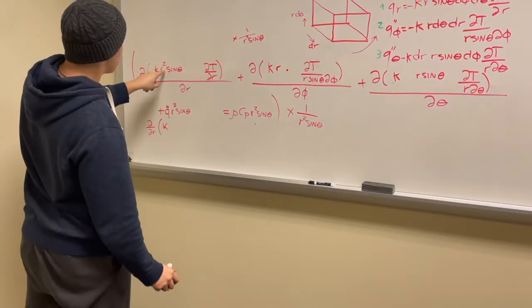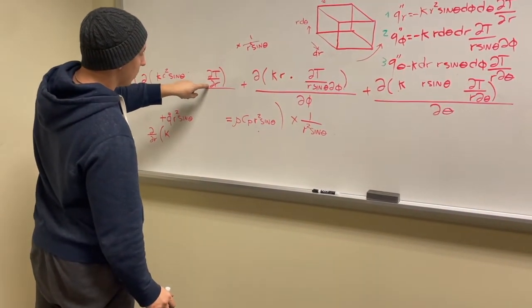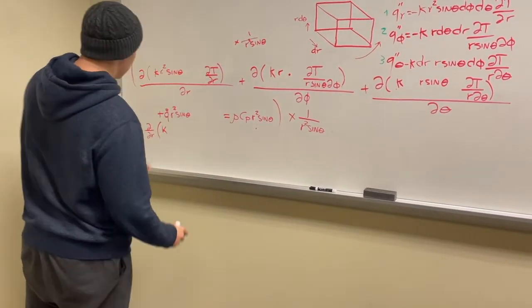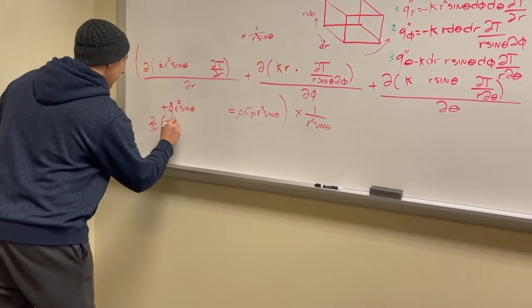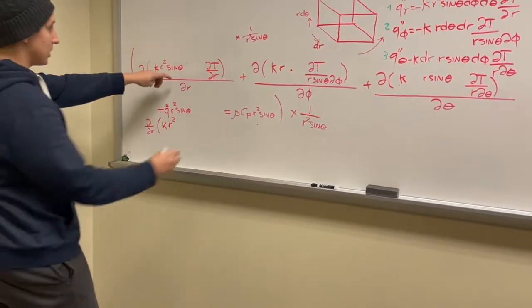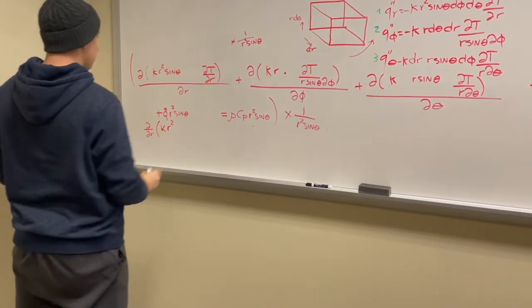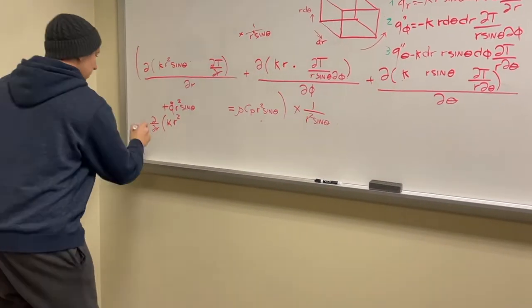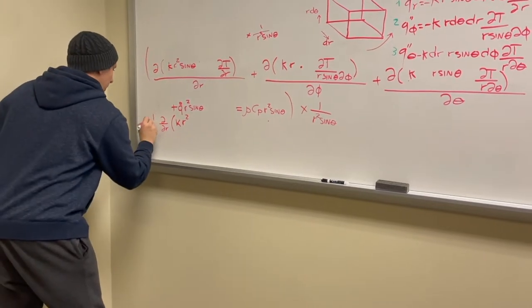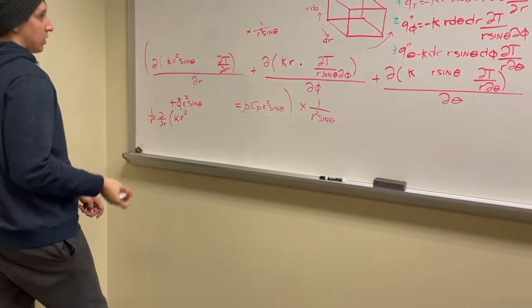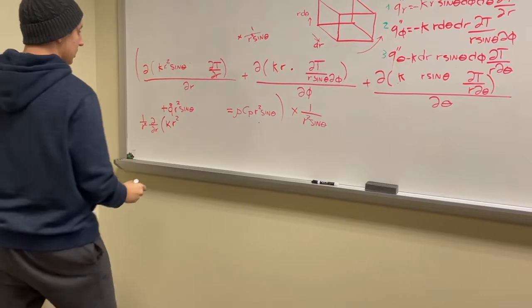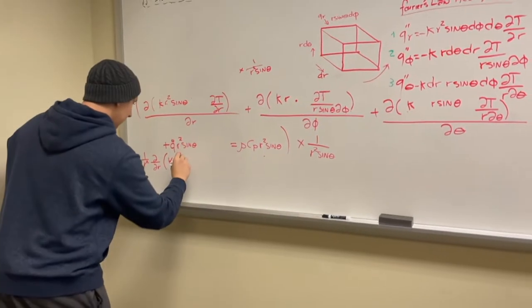This r cannot cancel with this because it depends on del r, the direction. So that's going to have to stay. But since this is going to be multiplied by this, these two can cancel. So this 1 over r squared can come out. But those are going to cancel out, and we're just going to be left with that gradient.